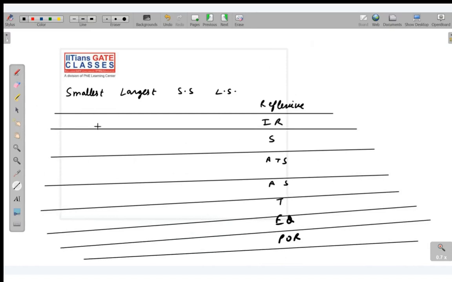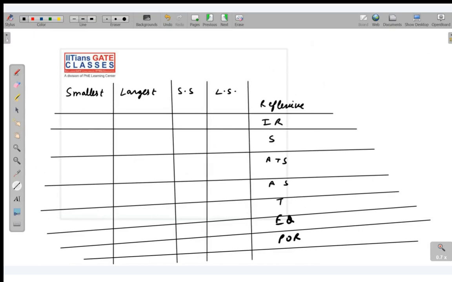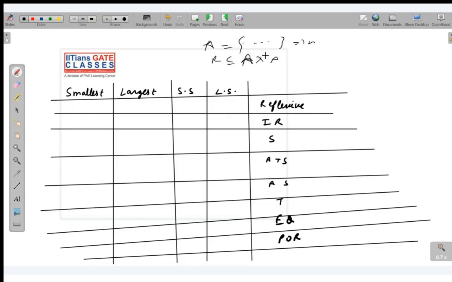Okay, so let's start. The very first one is reflexive. What will be the smallest reflexive relation possible? So we have a parent set A having n elements, and the relation is a subset of A cross A. So it should be on the same set.